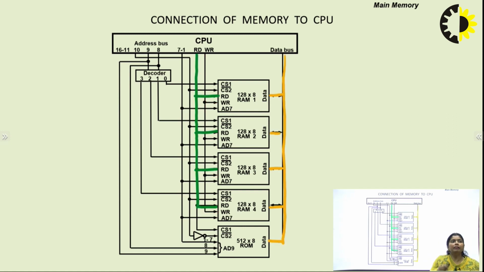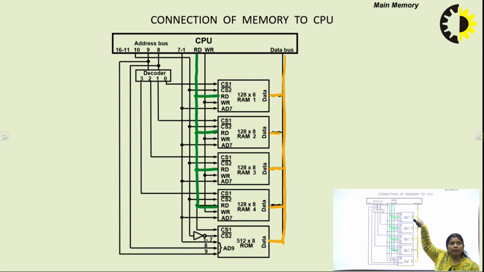Next is the read line. This read line again goes to these 4 RAM chips and also goes to the ROM with a wire of the CS1, that is chip select 1. Here you can see the particular line for the CS1. So we can say that the read line is used because the ROM can only be read, but not update any data or information.